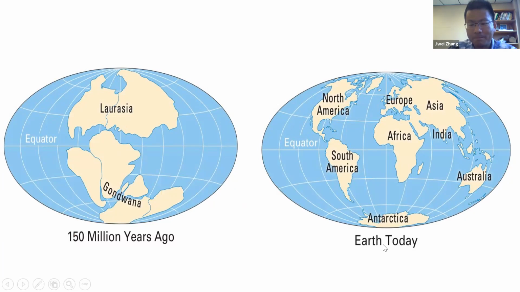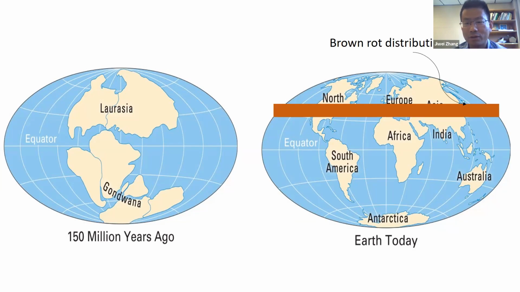This is today's continents, today's Earth. So the brown rot fungi evolved when our Earth's continents were organized as two main continents. And definitely the environment at that time, like climate, temperatures and oxygen levels, influenced the brown rot evolution. But we still don't know how that influences today's distribution of brown rot.